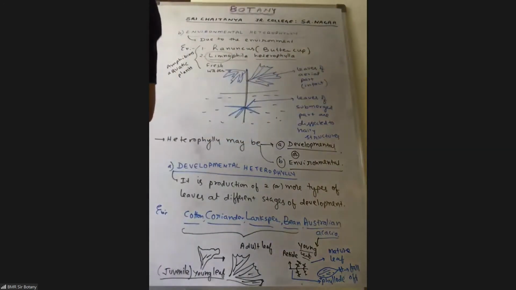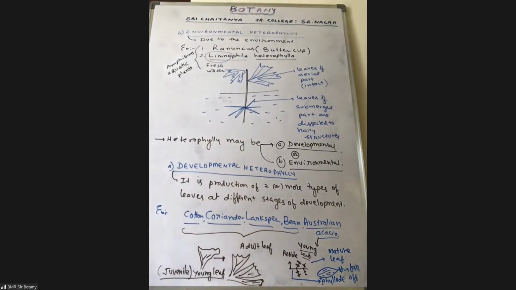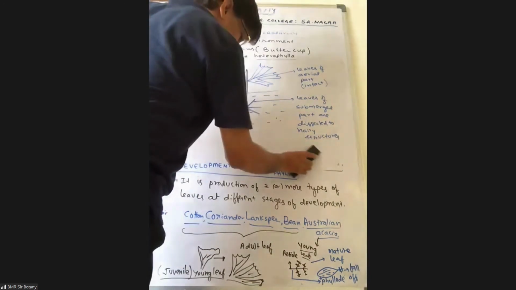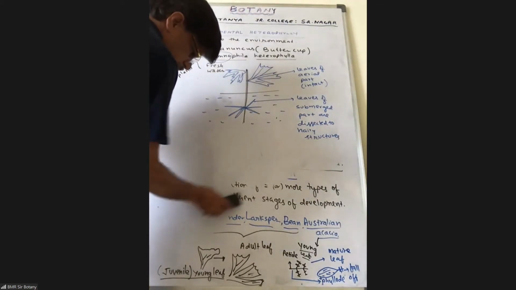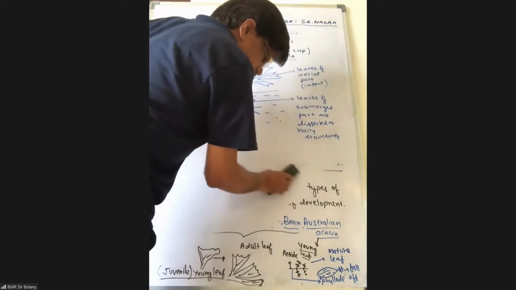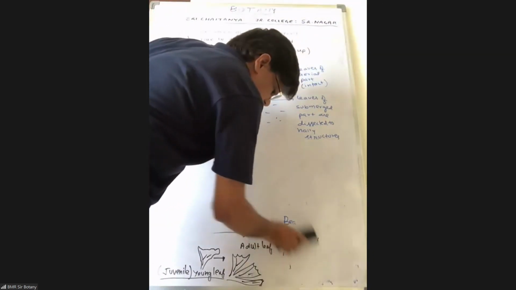Ranunculus was also an example to you, if you remember. Buttercup, the common name. Only that much is emphasized under this heading, development, Nana.